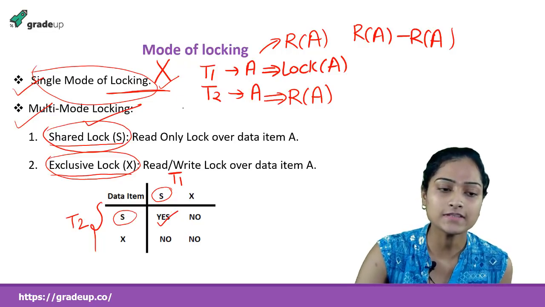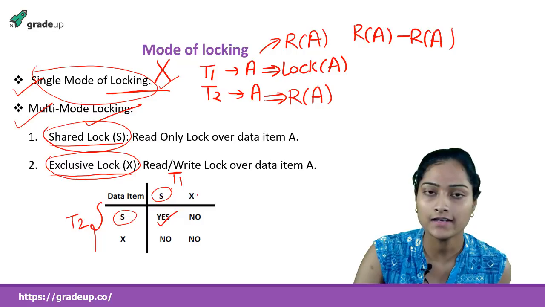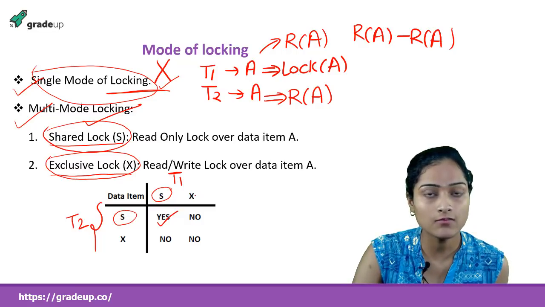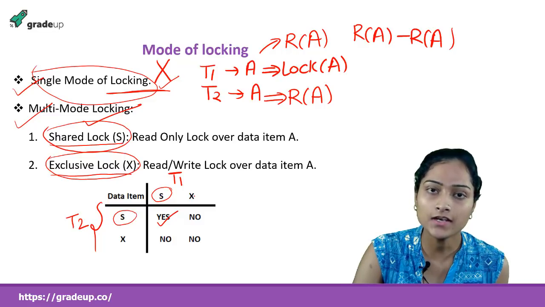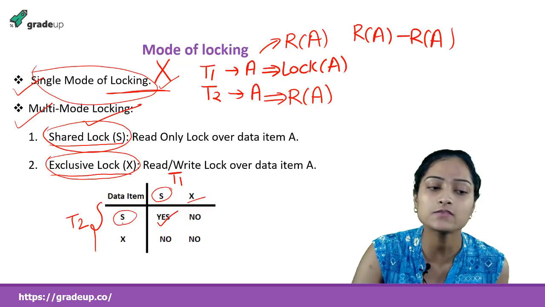But suppose transaction T1 wants to write data item A and T2 wants to read that data item A. So for transaction T1, an exclusive lock is required and for transaction T2, a shared lock is required. But it is not possible to grant these two locks to different transactions at a time.